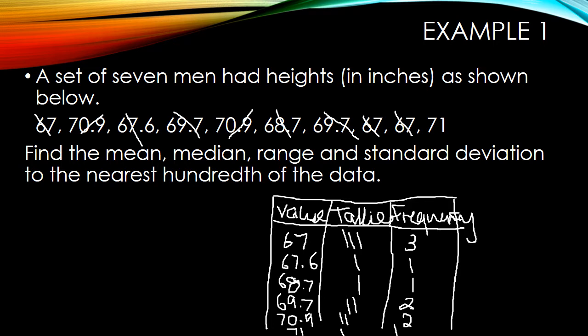Now we're going to find the mean, the median, the range, and the standard deviation using the TI-84 Plus, because the calculator is going to give us these values very quickly once we enter the frequency table, without doing all the mathematical calculations behind getting these values.